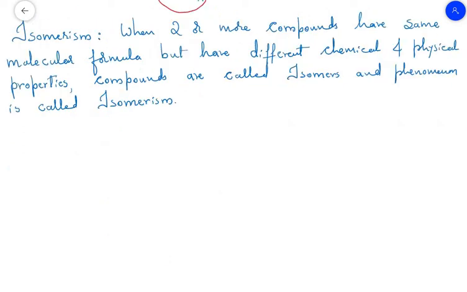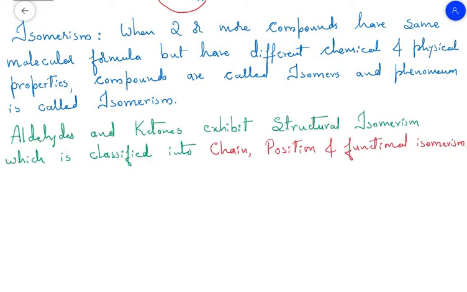Next we are going to learn isomerism, and we basically know that when 2 or more compounds have the same molecular formula but possess different physical and chemical properties, the compounds are called isomers and the phenomenon is called isomerism. Now aldehydes and ketones exhibit structural isomerism which is classified into chain isomerism, positional isomerism and functional isomerism.